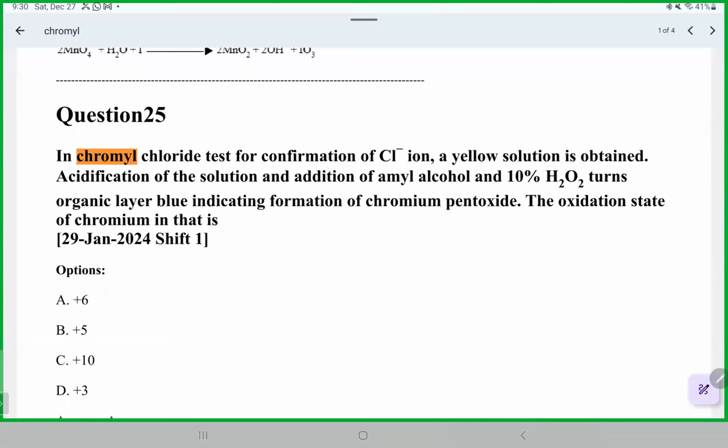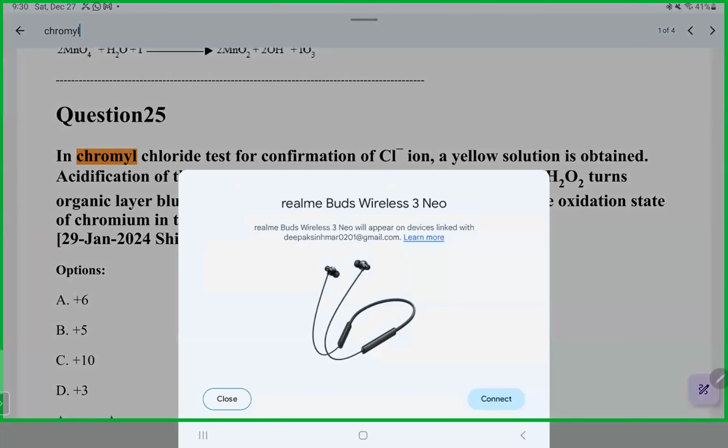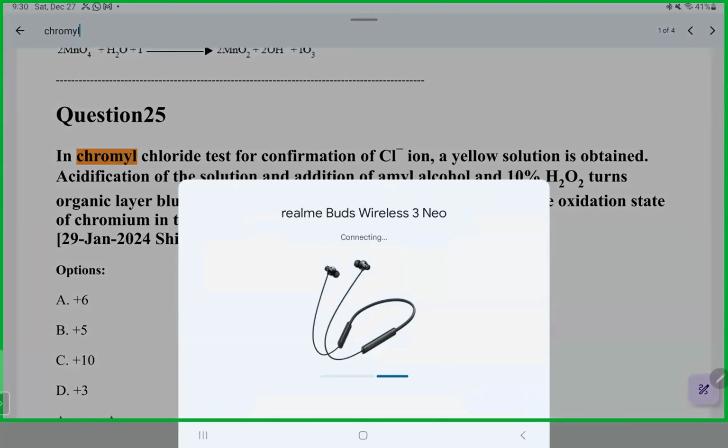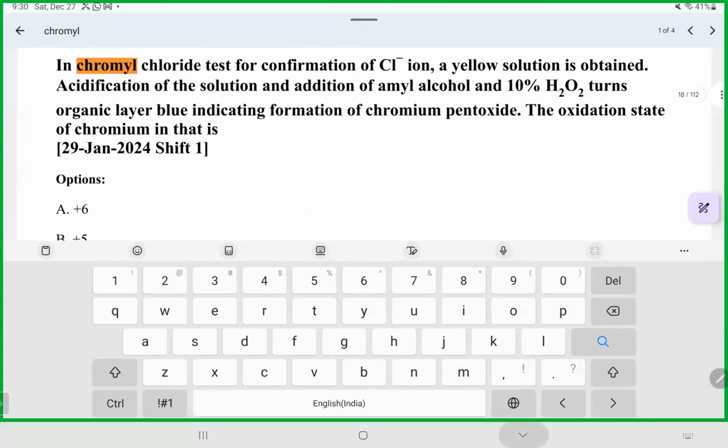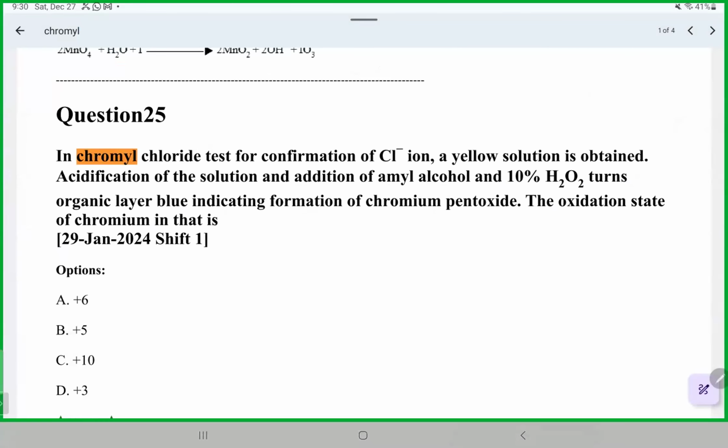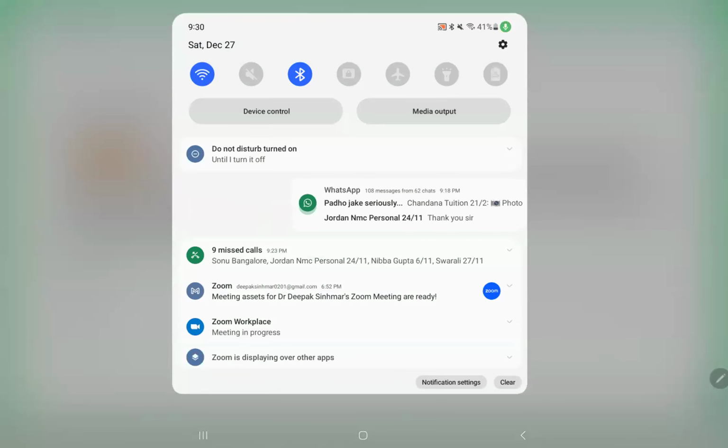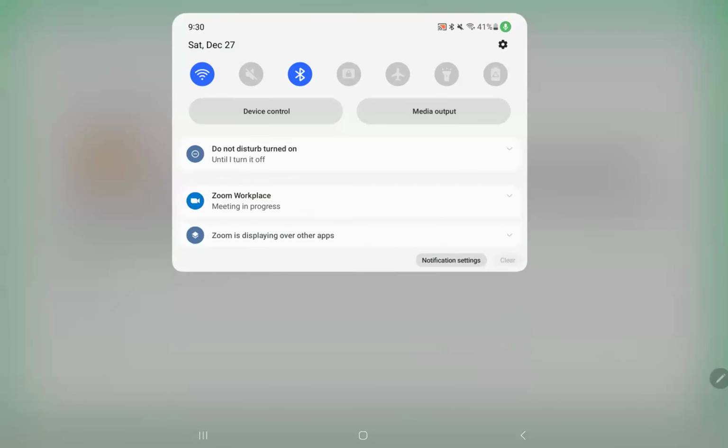indicating chromyl pentoxide. What is the oxidation state of the chromium? It is +6.